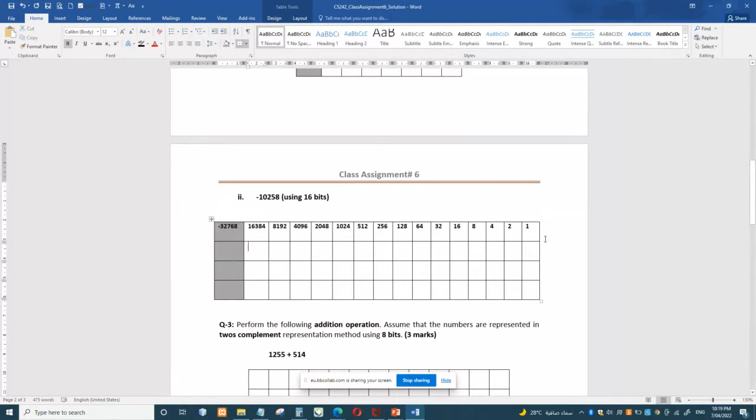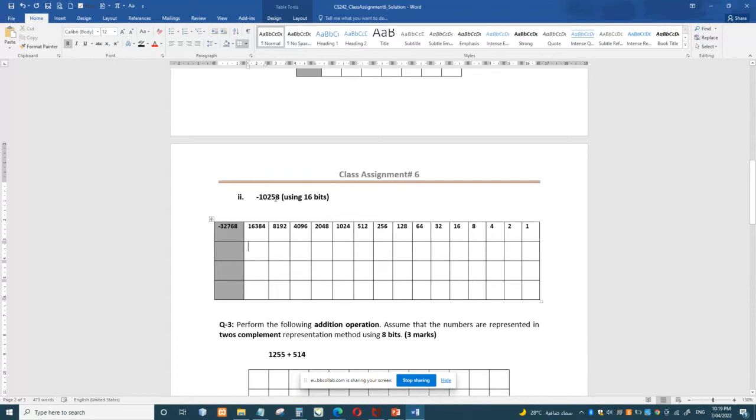The remaining positional values are positive. Since our number is negative, minus 10,258, one method is that we can directly take minus 32,768 and then add some positive numbers to get minus 10,258.